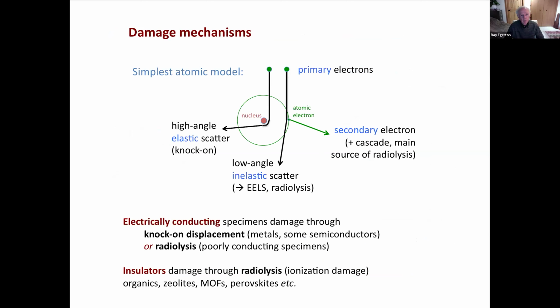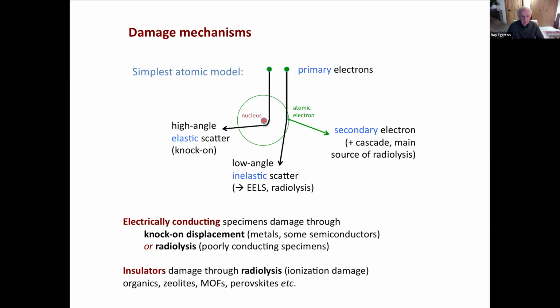Now, in terms of models of damage, why does it occur? This is a very simple model of the specimen in terms of just a single atom. And we have at the top here two primary electrons in green, and one of them is interacting with the Coulomb field of the nucleus of an atom, and that's what we call elastic scattering.